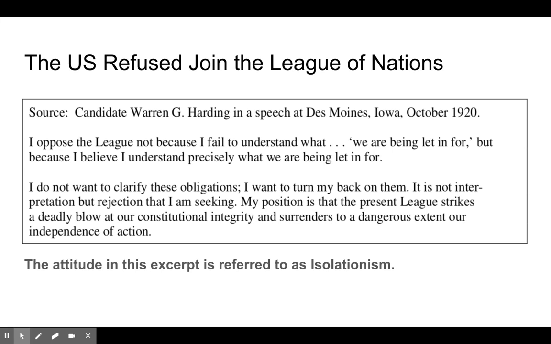This little excerpt on the screen is Warren Harding, who is going to win the presidency in 1920. He's a candidate running for president, and you'll notice he says, I oppose the League of Nations. I don't want to clarify these obligations, I want to turn my back on them.